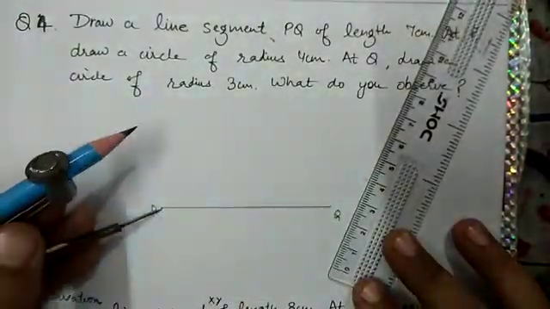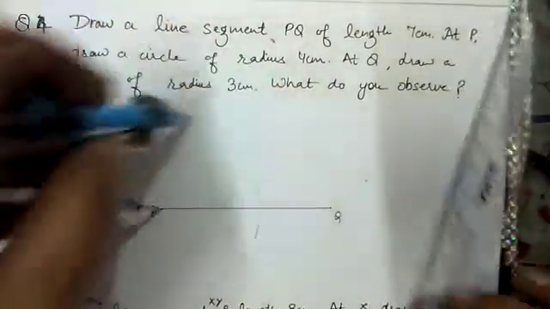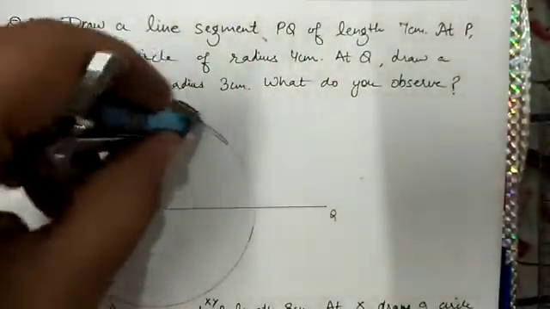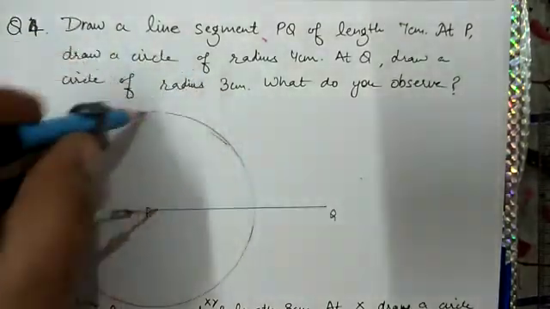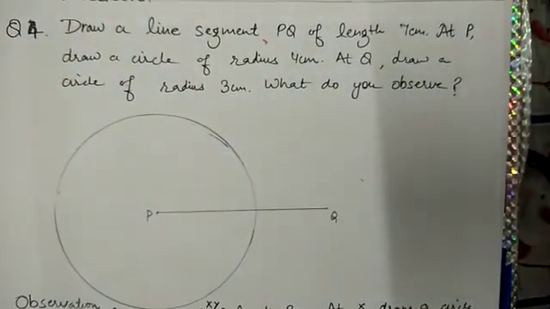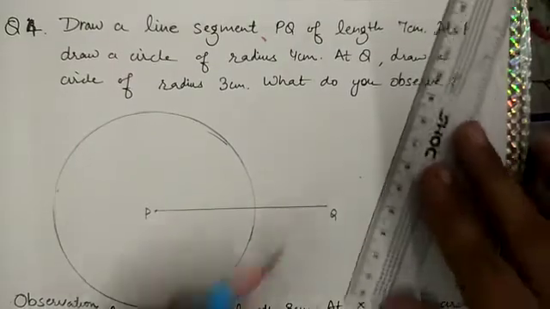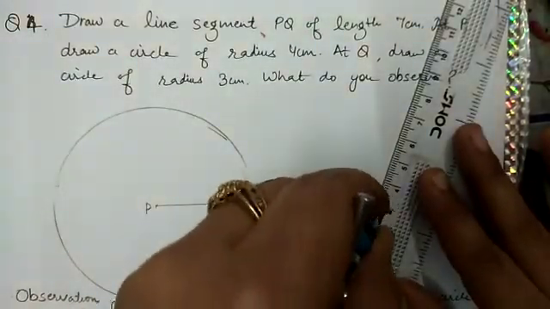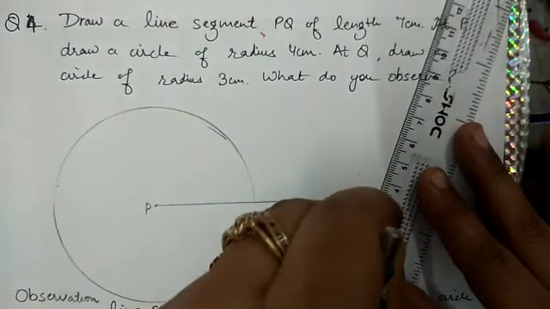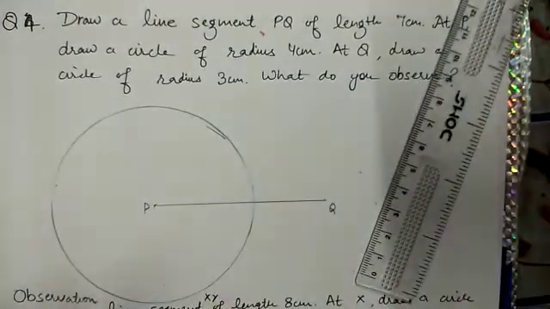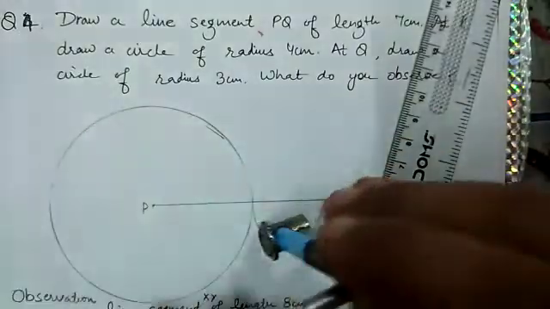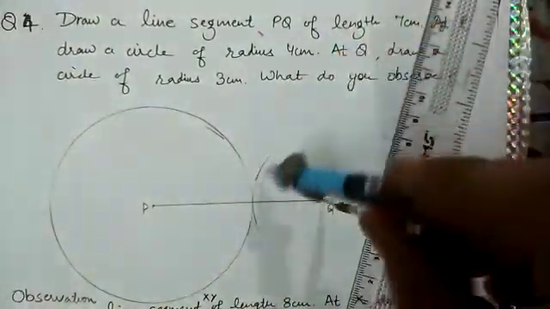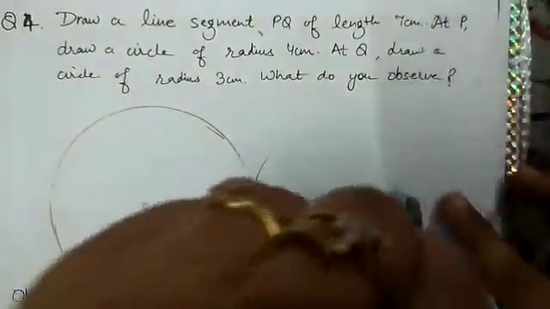We will measure this and draw a circle. Now at Q, we are to draw a circle of radius 3 cm. We will open our compass exactly 3 cm. Now from point Q, we will draw our circle in this way.